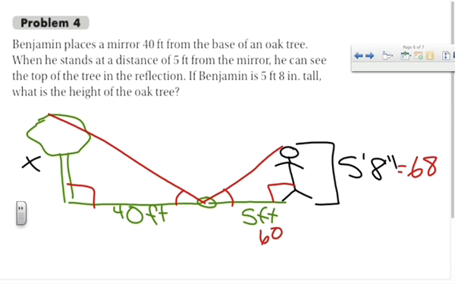Okay? So, what will my proportion look like? What over what equals what over what? 60 over? Yes. Equals? That's it. Cross multiply and solve.